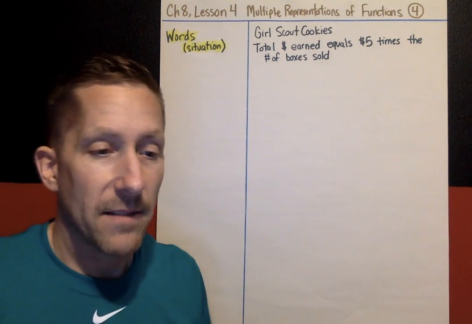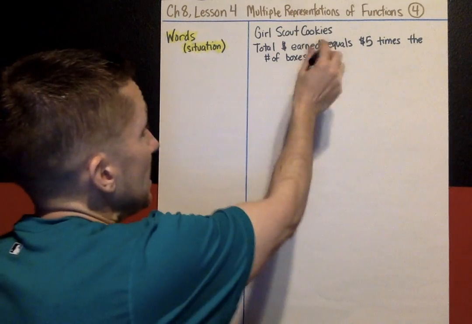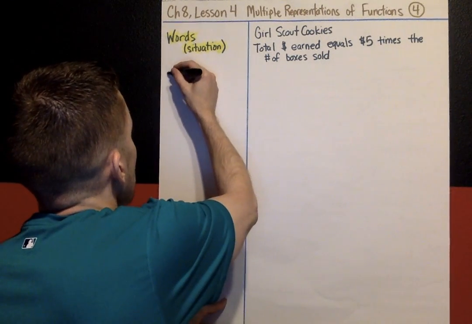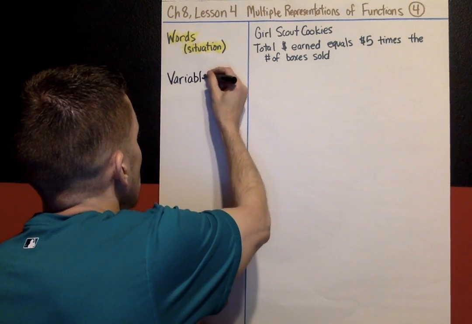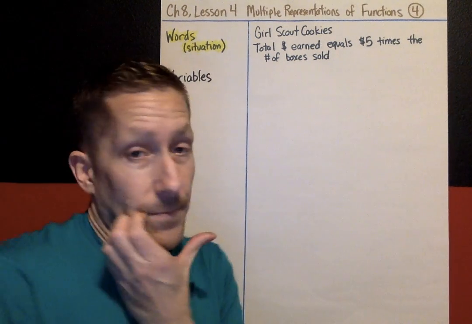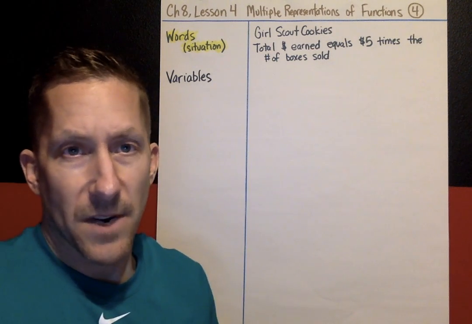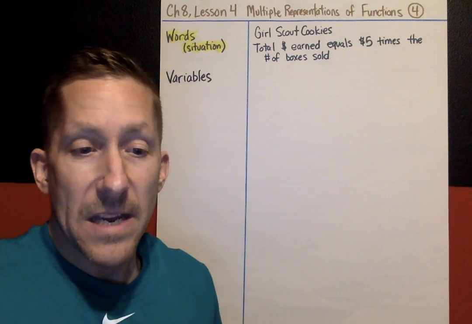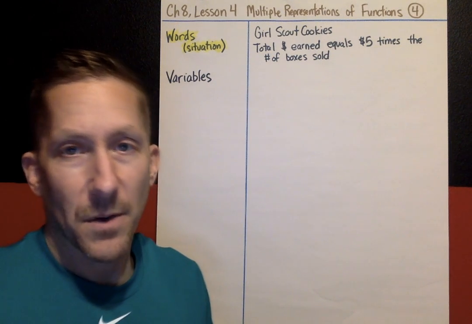Okay, the next thing we're going to look at is variables. In this situation, there are variables. Now, in your practice problems, sometimes it gives you the variables. It'll say, let B equal the number of boxes sold and T equal the total.